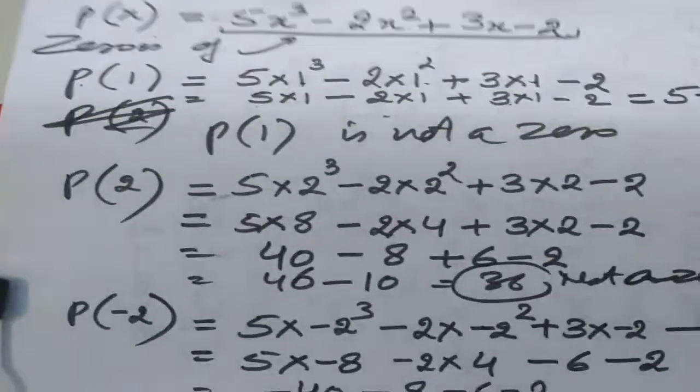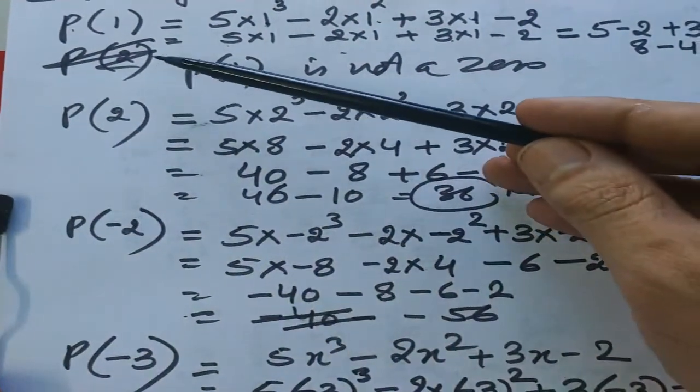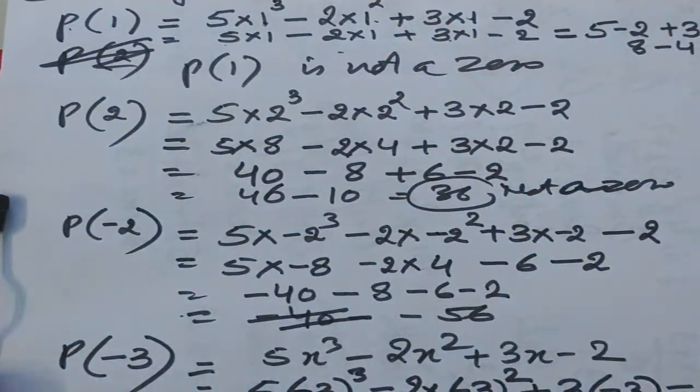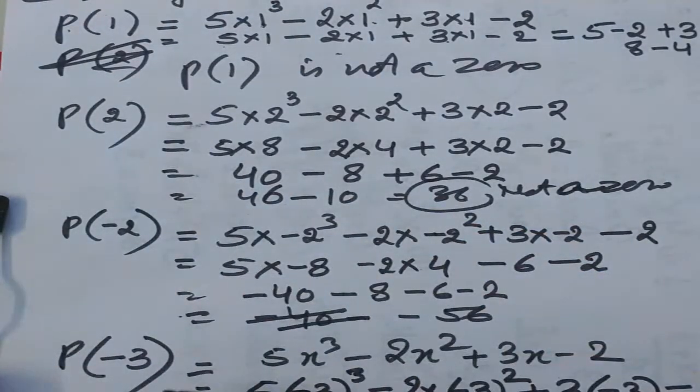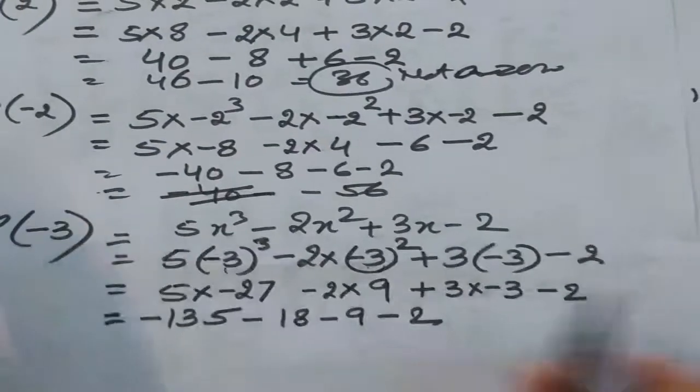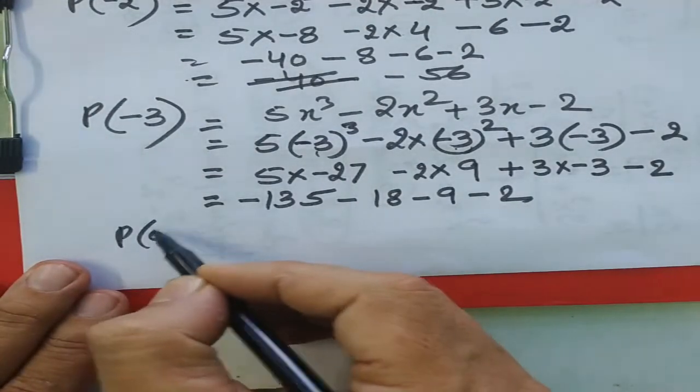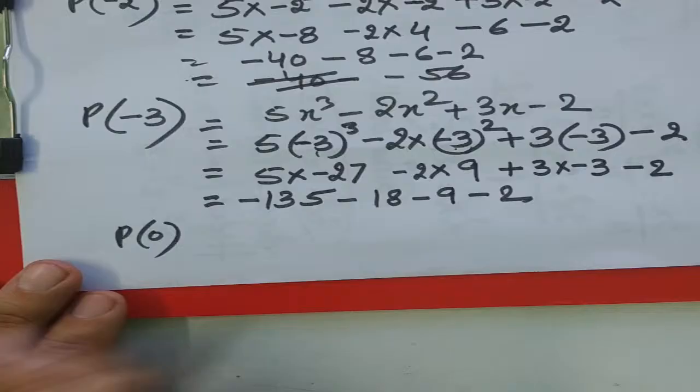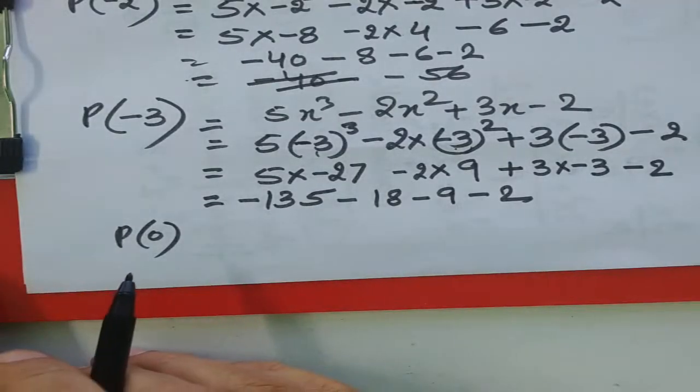So you have to try more numbers. I have shown you some numbers. All this working has to be shown: 1, 2, minus 2, 3. And you have to see which number will give the answer. Now if I write p as 0, then 0 is not a zero either. You have to try some numbers and get the answer.